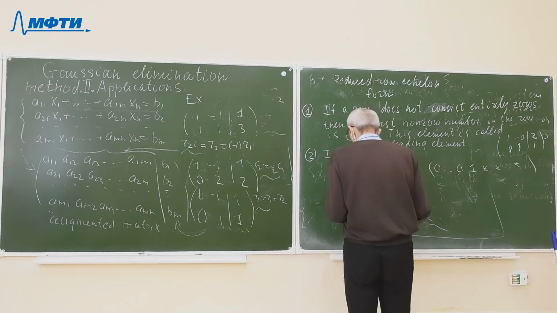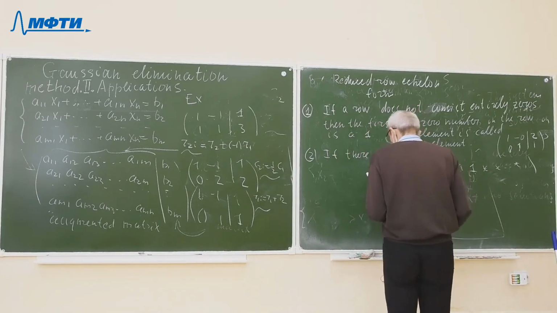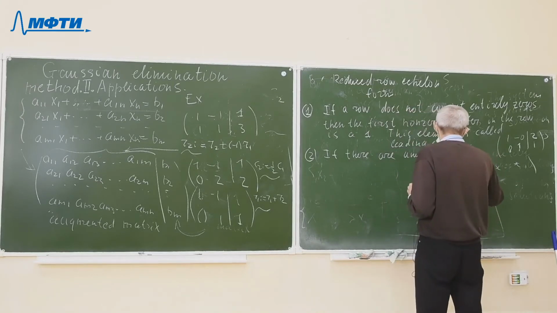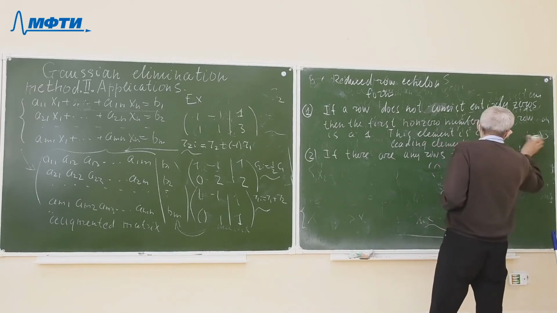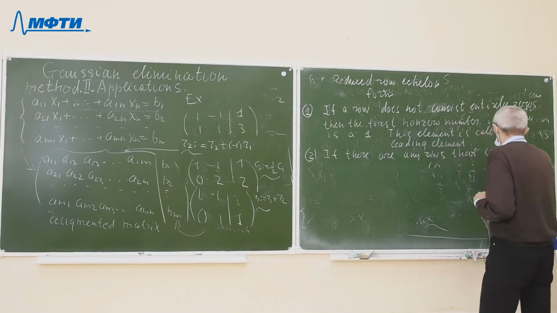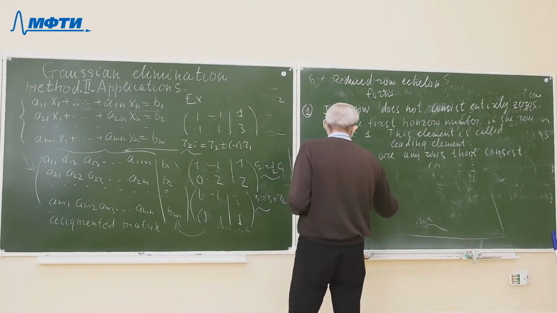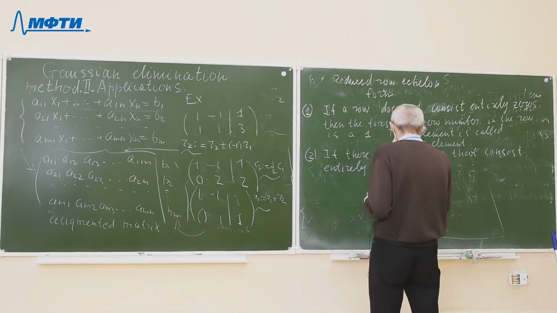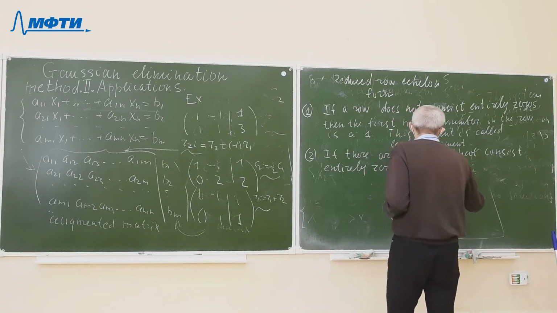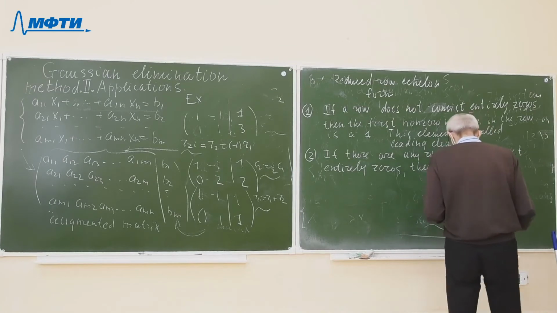If there are any rows that consist entirely of 0s, then they are grouped at the bottom of the matrix.